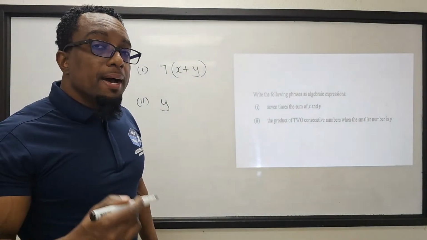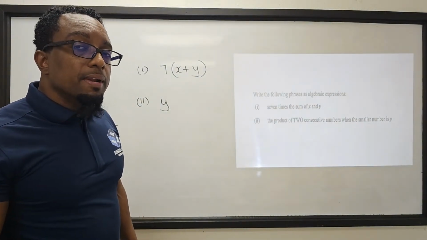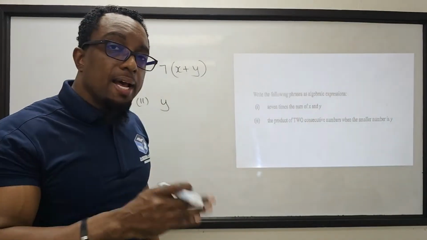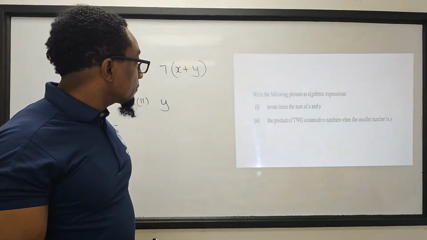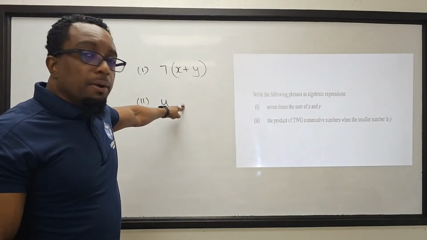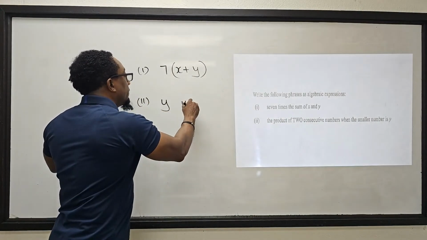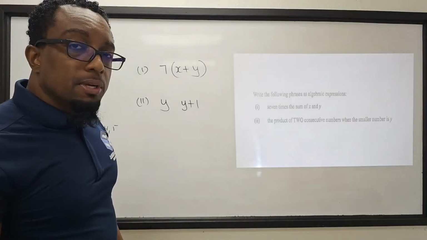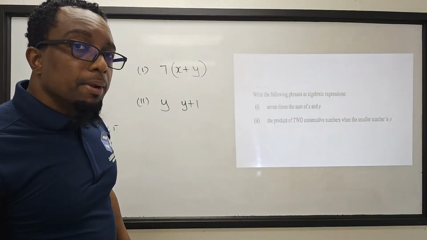and the number after that, because they're consecutive numbers, it means I have to add 1. Consecutive numbers, you have to add 1 to move to the next, yeah? So because y is smaller, then the number after y will be y plus 1. Yeah? Consecutive numbers. And I want the product of those two. Product means to multiply.